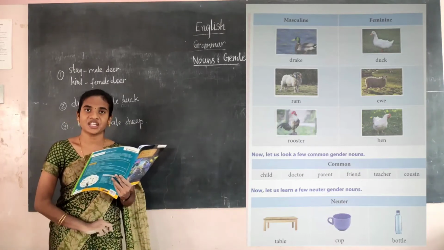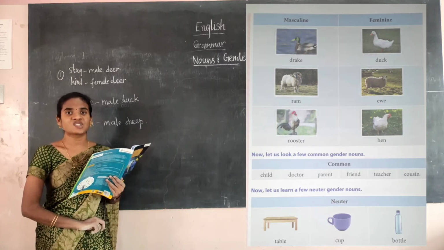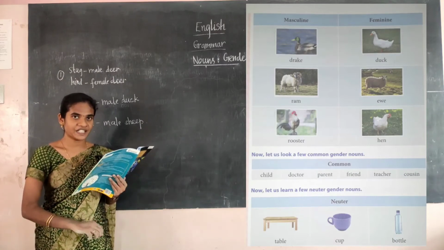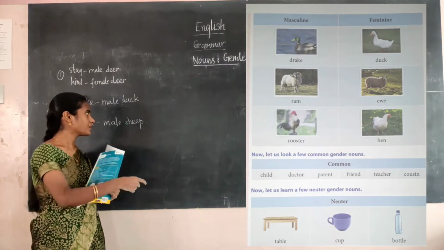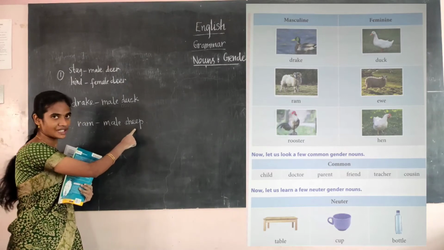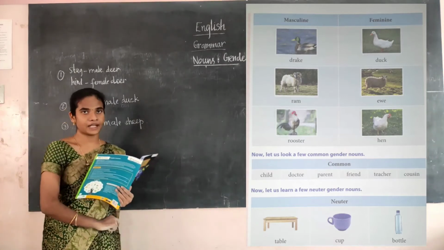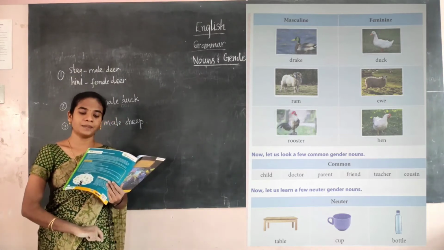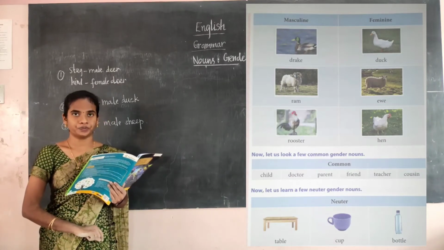What do you mean by sheep? Sheep means chemmari aadu. So ram, male sheep. The female one is ewe.